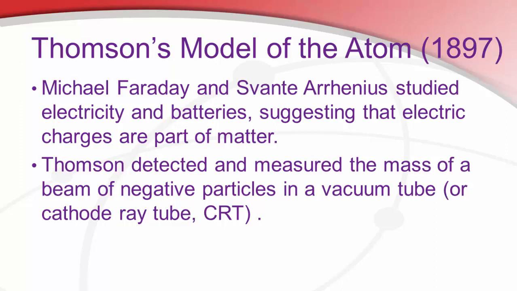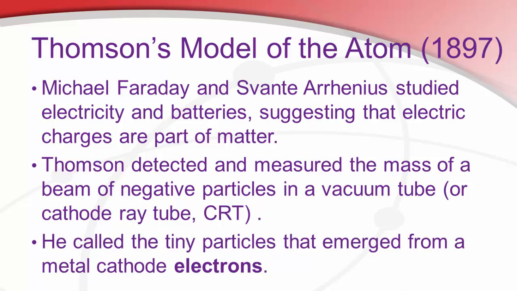So Thomson took a thing called a cathode ray tube, and he managed to measure the mass of a beam of negative particles in this tube. He didn't actually measure the mass. He measured the mass to charge ratio, but this was a remarkable achievement. He determined that these tiny particles were coming off of matter, and he called them electrons.